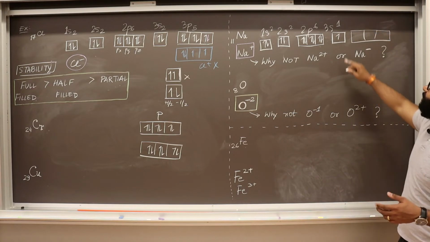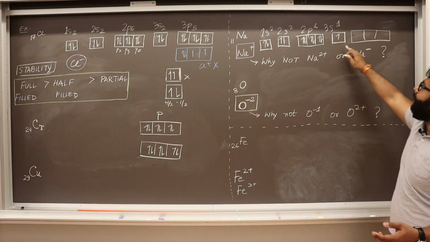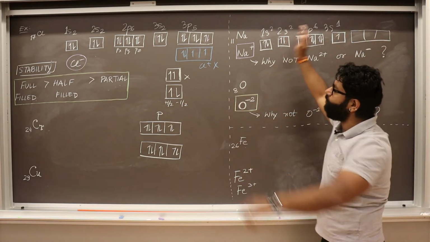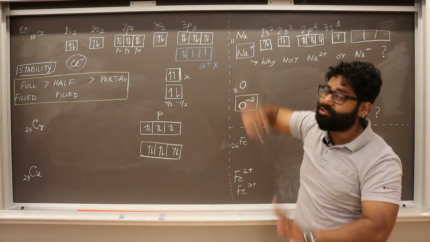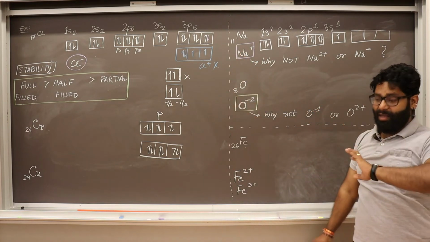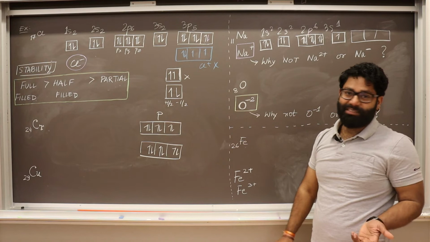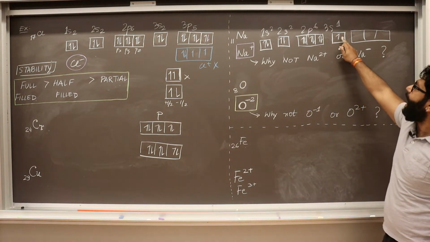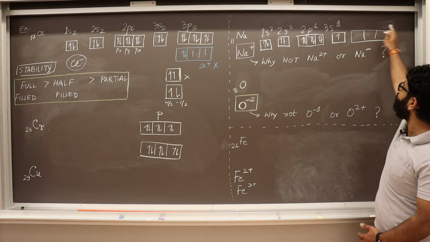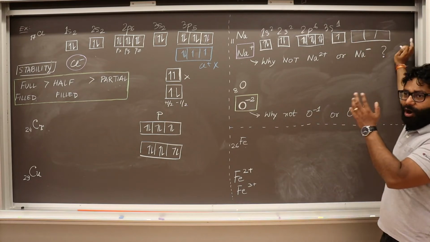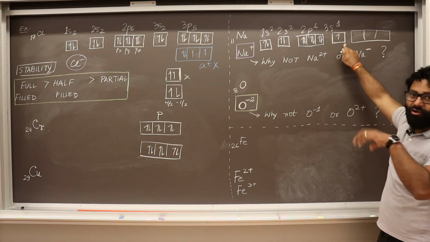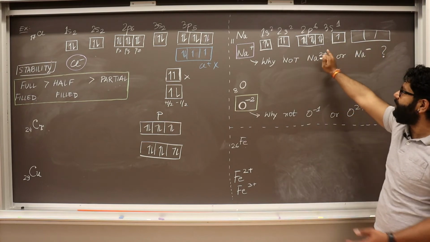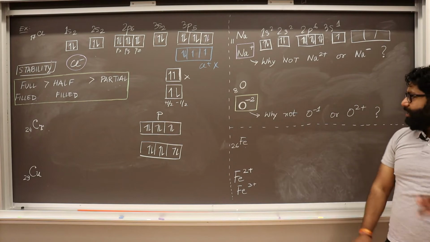So unnecessarily you are occupying these orbitals. You want to be as close to the nucleus as possible, right? Na minus would have added this, but then this whole 3s orbital is getting 2 electrons, and it is much better to just lose this and get a stable electronic configuration.